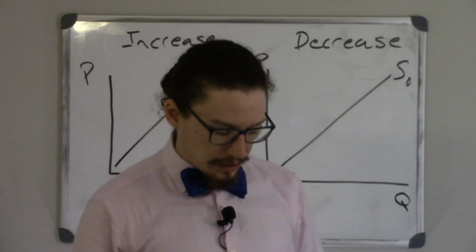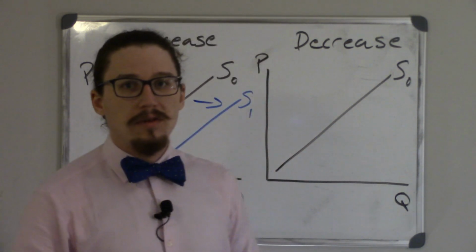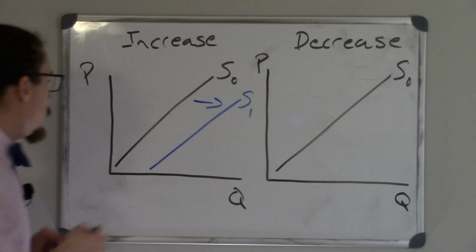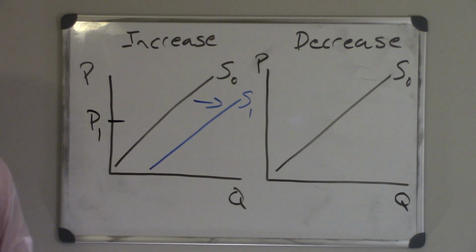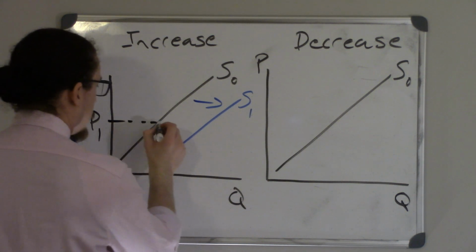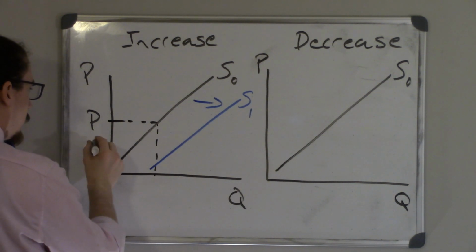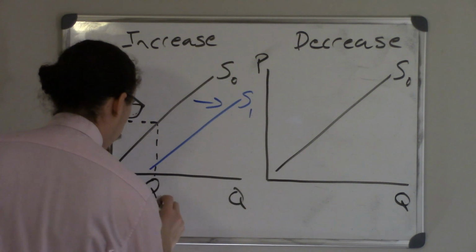The reason for this is because when we are changing supply, what we are saying is that at a given price, we're not at the same quantity. So let's say we had P star.